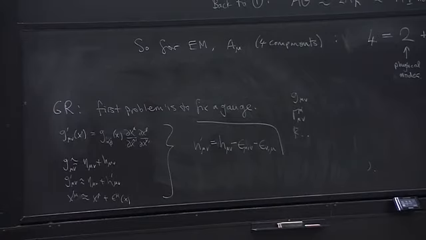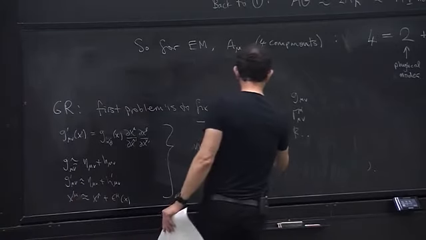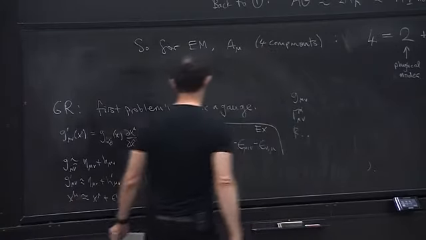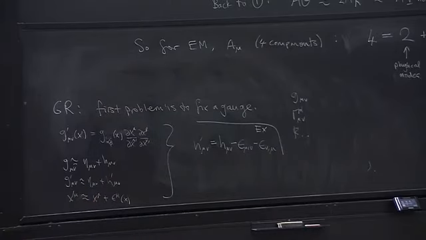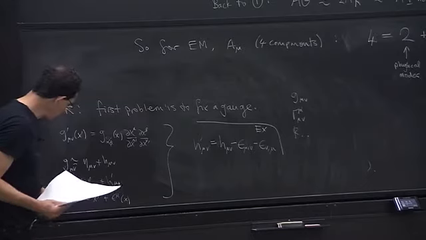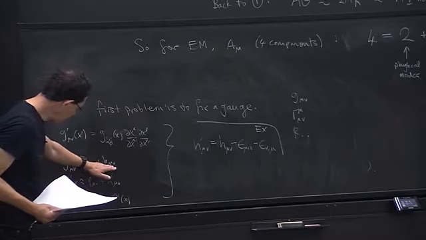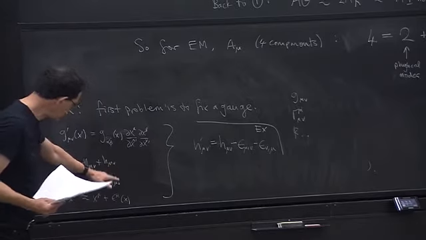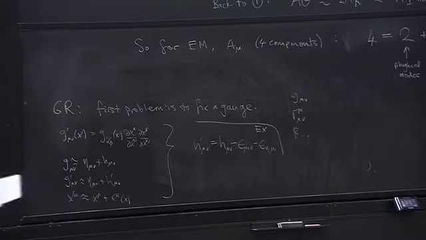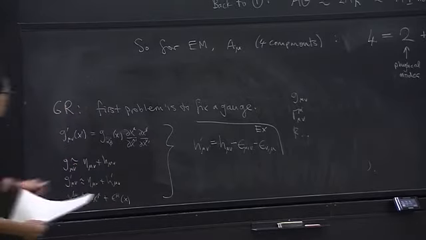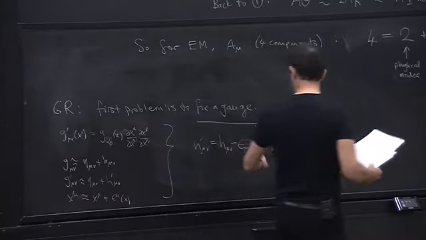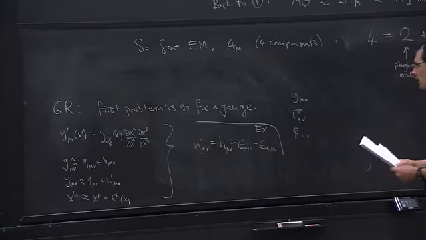Okay, so I'll just leave it to you to check that. So what this means is I can do small coordinate transformations which will change the metric from having one h to another h, and the two h's are related by this formula here.